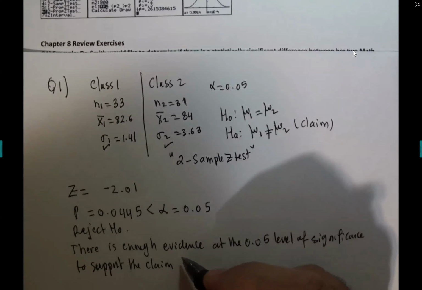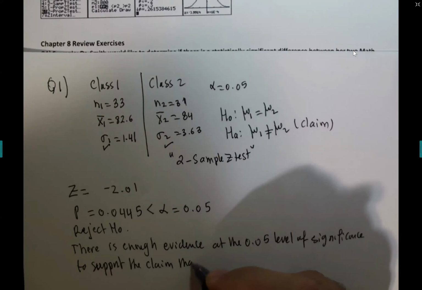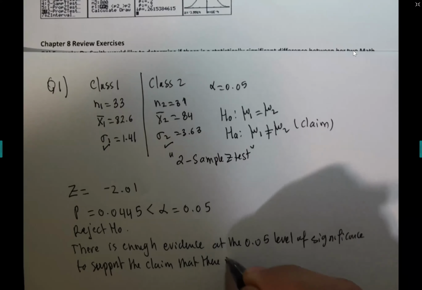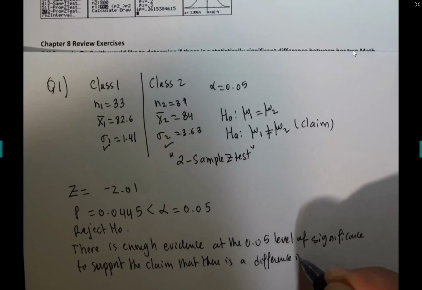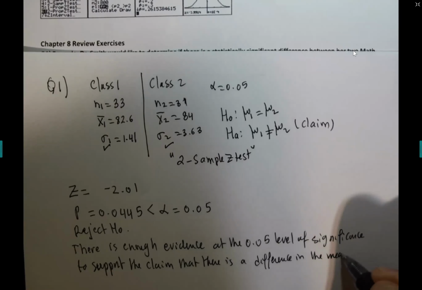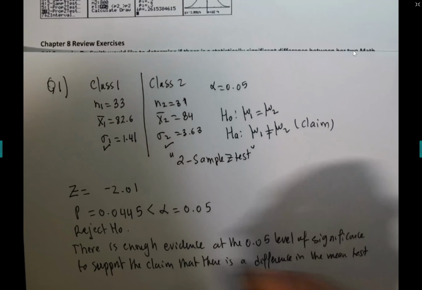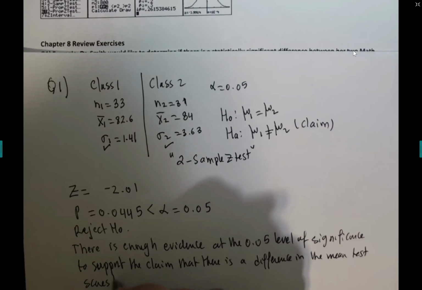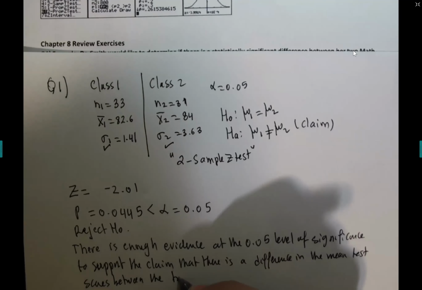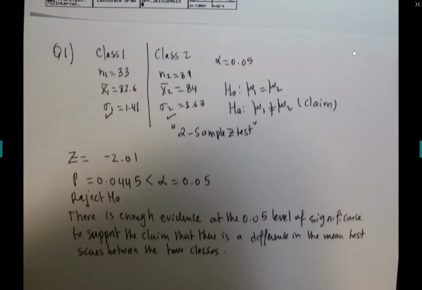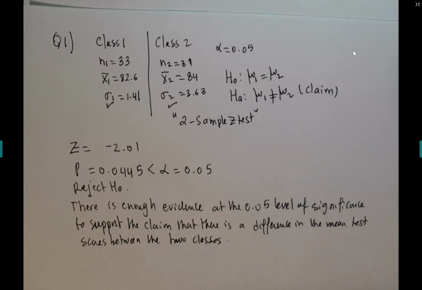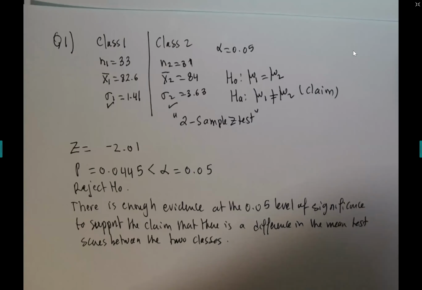Yeah, there is enough evidence to support the claim that there is a difference in the mean test scores between the two classes. That concludes the review of section 8.1 using this question.